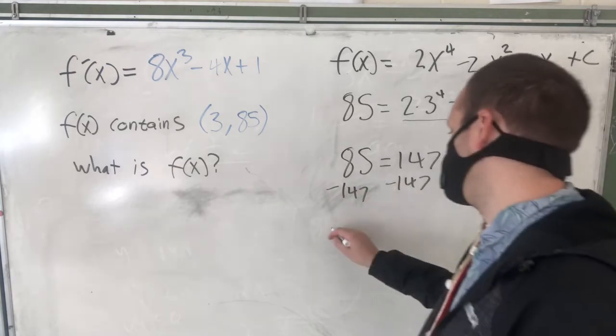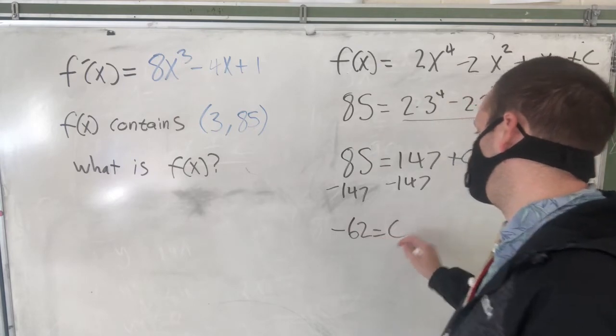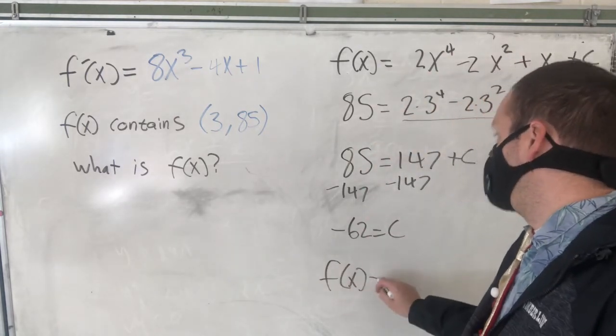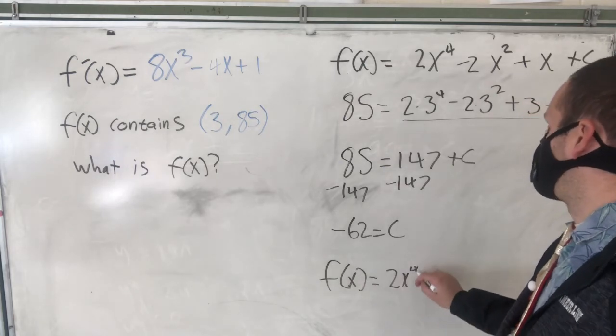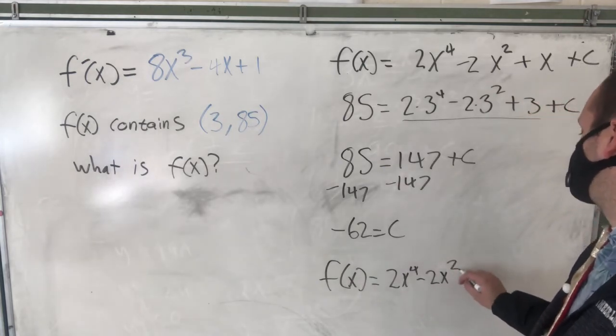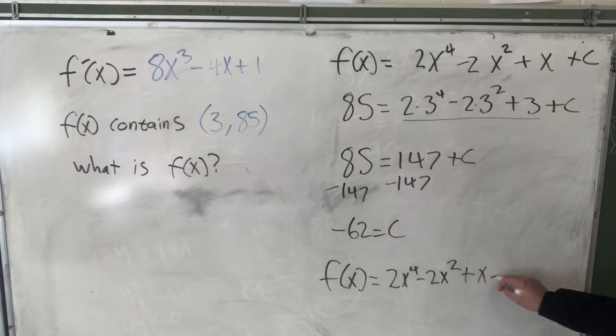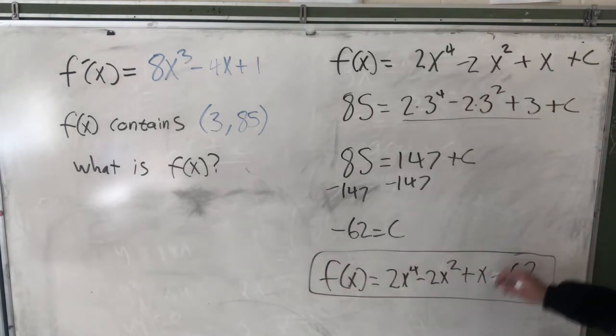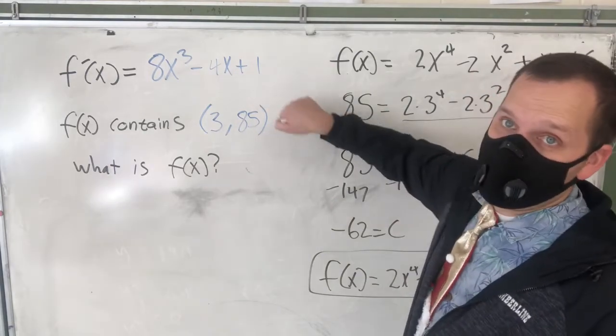That leaves me with negative 62 equals c. So the equation f of x is 2x to the fourth minus 2x squared plus x minus 62. That is the initial equation. That is the equation that has this as a derivative and passes through this point.